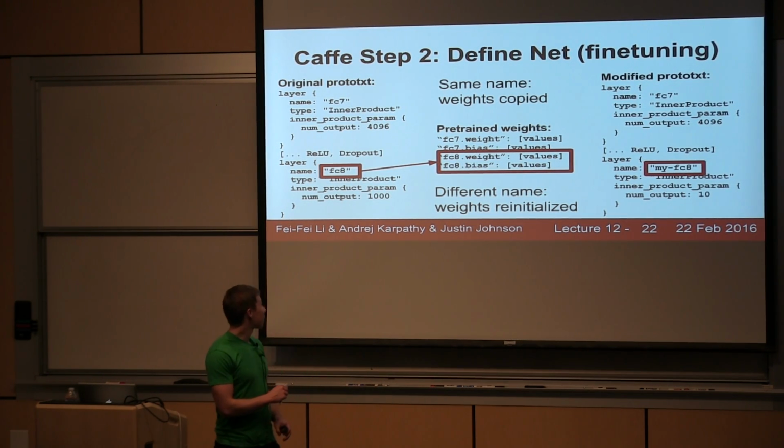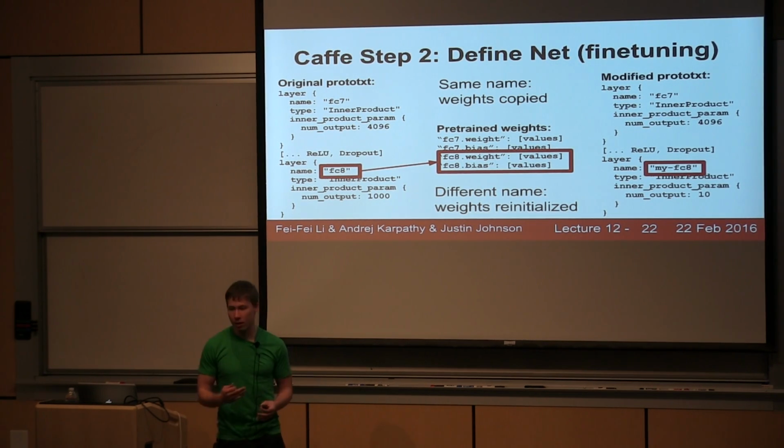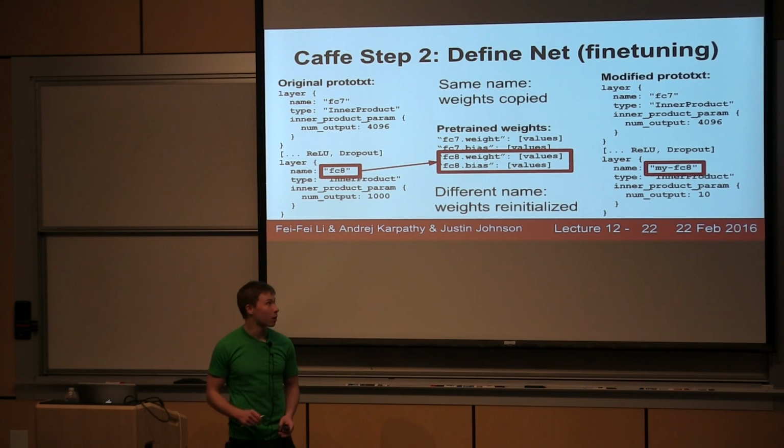So to be a little bit more concrete, if you've maybe downloaded an ImageNet model, then this final fully connected layer that's outputting class scores will have 1,000 outputs. But now maybe for some problem you care about, you only want to have 10 outputs. So you're going to need to reinitialize that final layer randomly and fine-tune the network.